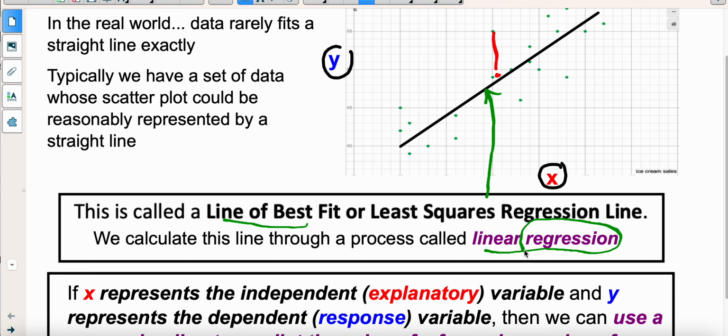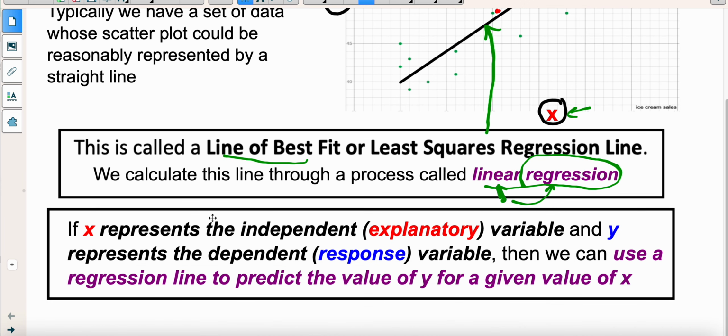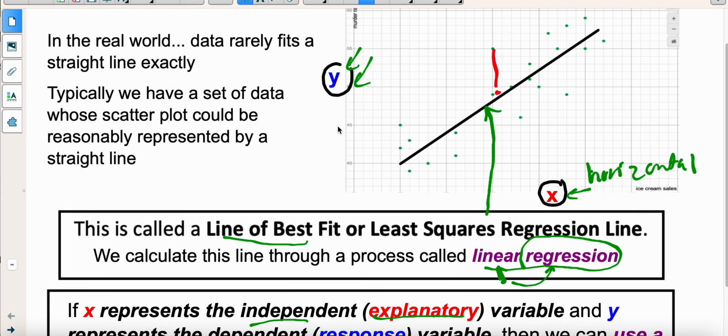That regression just comes up with a line that will show the relationship between my x variable and my y variable. X is always representing our independent or our explanatory variable, and it's always on the horizontal axis. Horizontal axis. All right. Our Y value is always on the vertical axis.